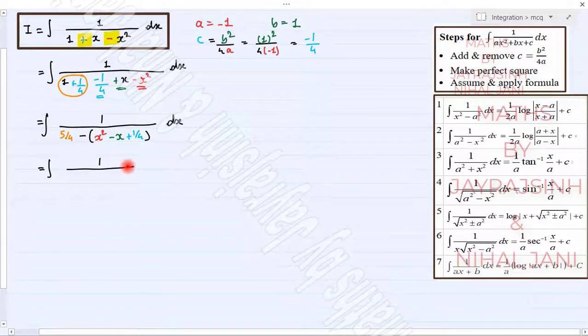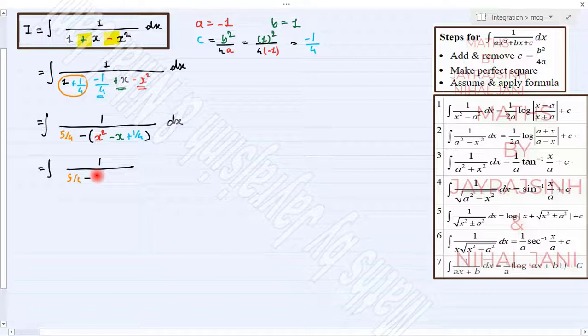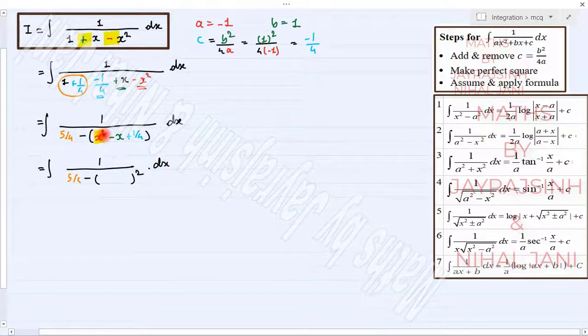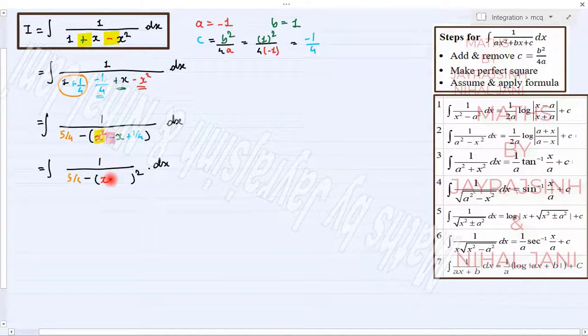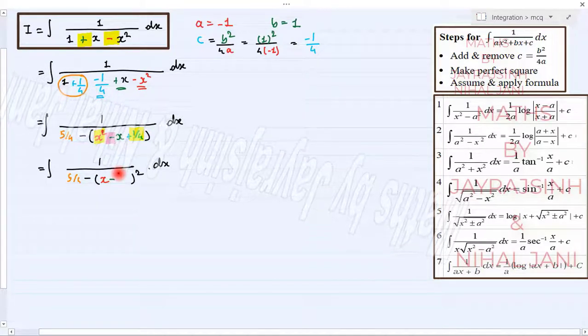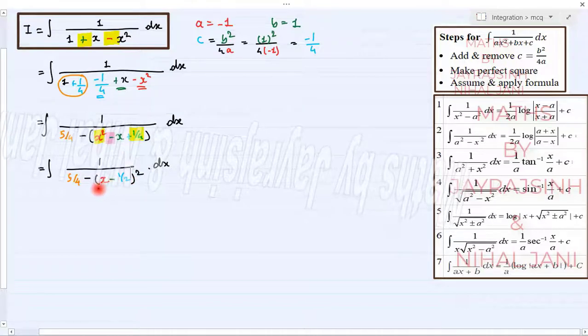So as you can see, here 5 by 4 will be as it is, and this bracket is actually a perfect square of root of first term, which is x, sign of middle term, and root of last term. So we complete our second step.